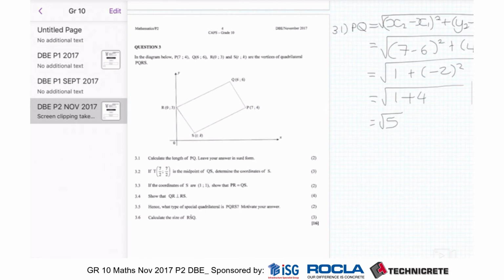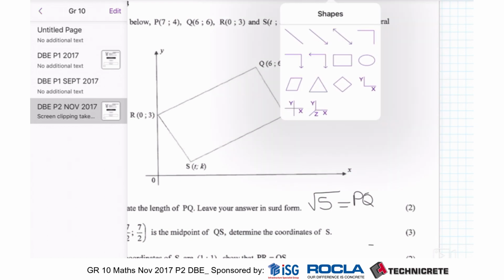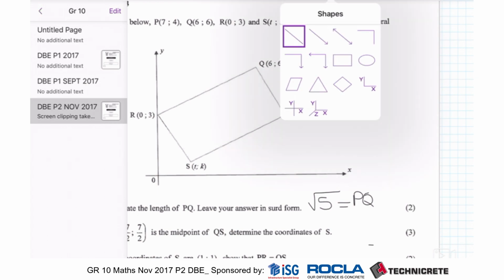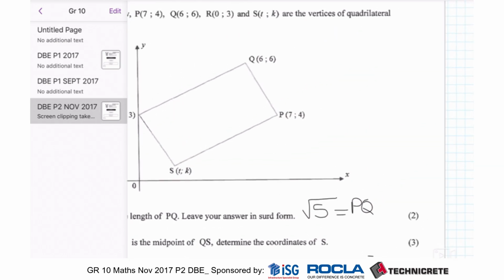Okay, next one says, if T, which we don't see there, is the midpoint of Q and S. So I'm wanting a line to go from Q to S. My line went a little bit longer than normal, so Q to S. And it's the midpoint of that.